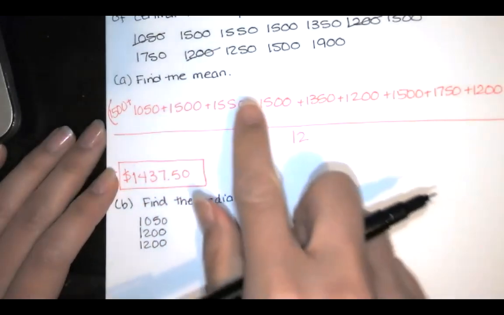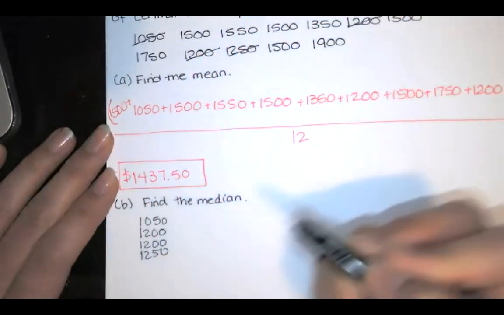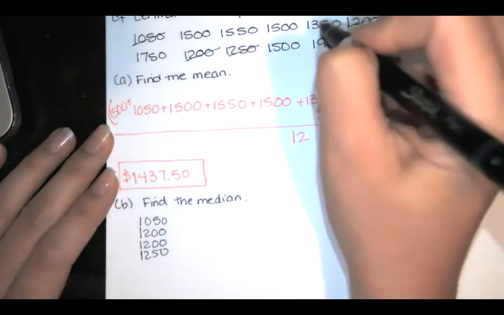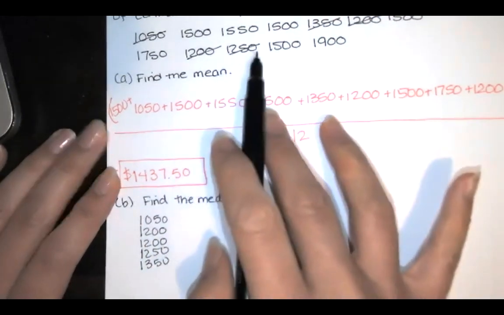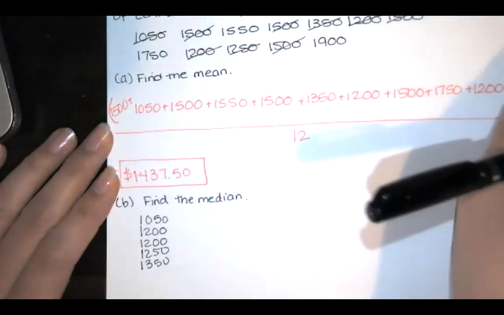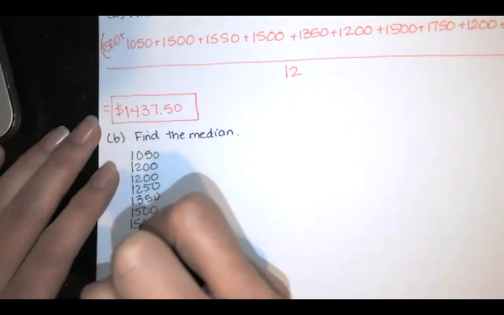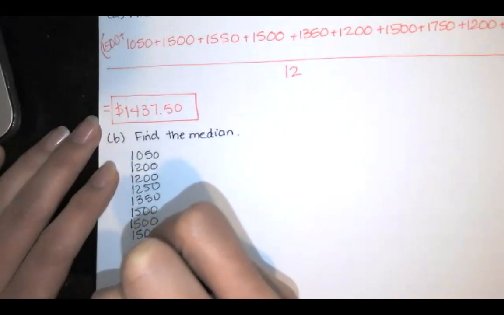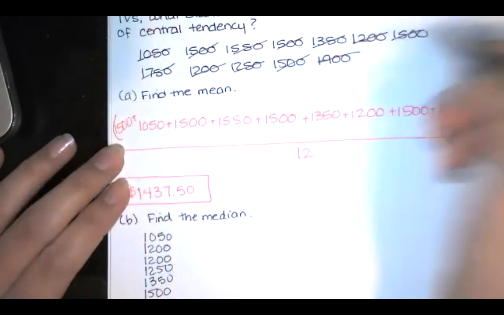And then we've got 1250. And then 1350. And then we've got some 1500s, 1, 2, 3, 4 of them. And then you've got a 1550, a 1750, and a 1900.